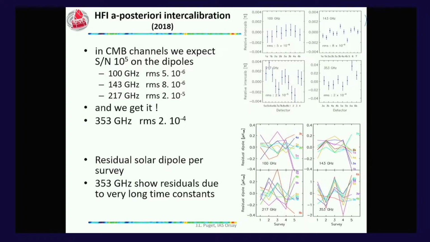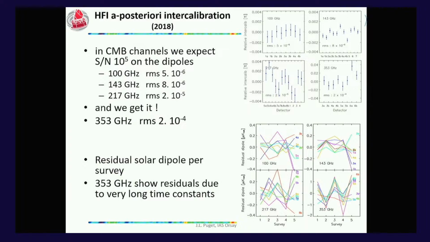If you do a back of an envelope calculation of the signal to noise we have on the HFI, the signal to noise is of order 10 to the 5, and at 100 gigahertz, 10 to the minus 6 between detectors, the RMS 8 to 10 to the minus 6, so exactly there, and 217 to 10 to the minus 4, which was what was expected.